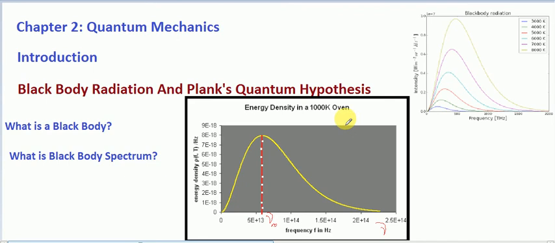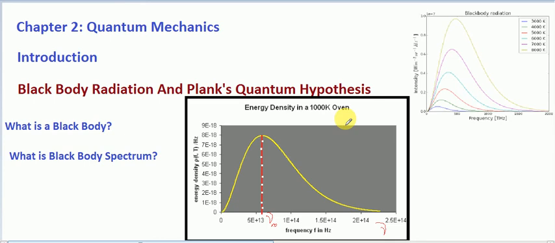Many scientists worked on this type of distribution, and many scientists tried to explain it also. So let us see who tried to explain this type of distribution graph.